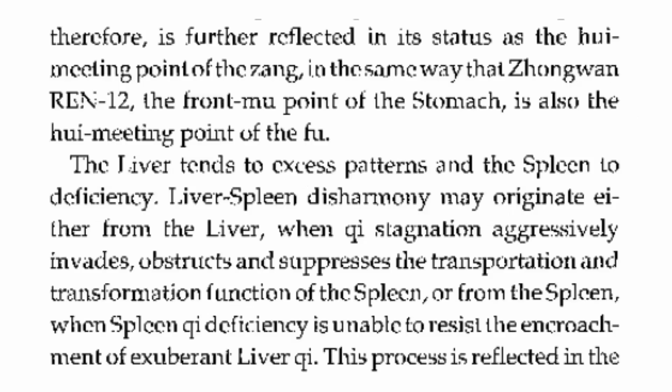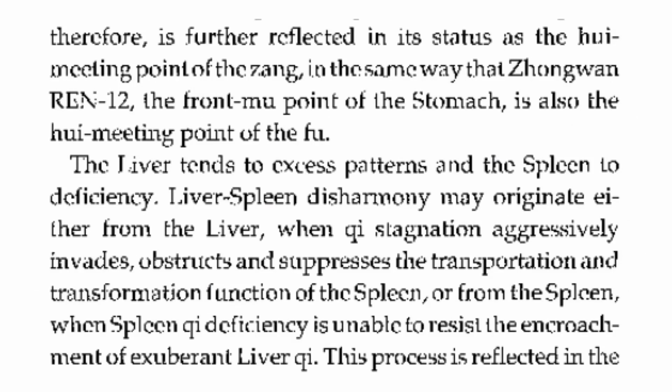The close relationship of Zhangmen LV13 to the spleen is further reflected in its status as the Hui meeting point of the zang, in the same way that Ren 12, the front mu point of the stomach, is also the Hui meeting point of the fu.